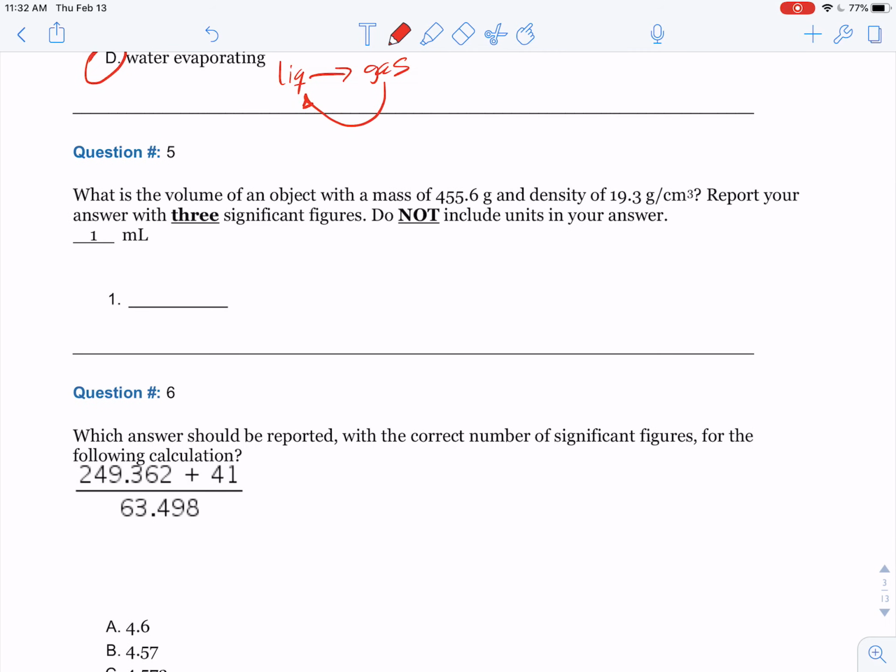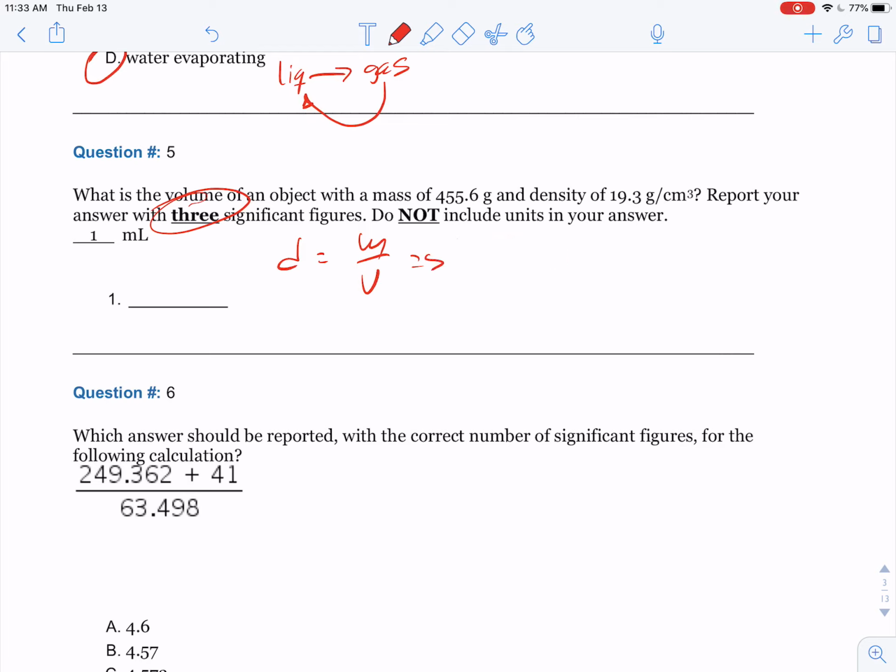Okay, what is the volume of an object with a mass of 455.6 grams and the density is 19.3? Three significant figures, so all there is to this is density equals mass over volume. And we are calculating the volume, so basically you just switch those two places.